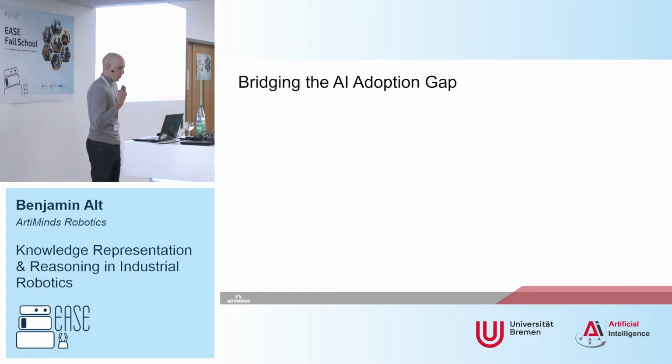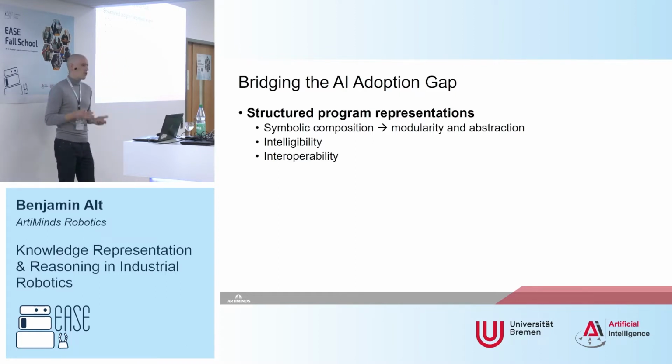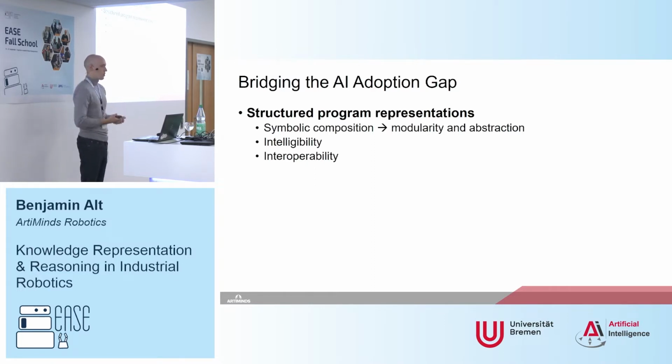So, we want to bridge the AI adoption gap, and we think there are 3 ways to do it. The first is to really focus on structured program representations. So, going a bit away, at least temporarily, from the end-to-end paradigm, where we have a black box system, trained on data, and hope for the best, but instead leverage structured program representations that are modular, that are intelligible, that are interoperable.